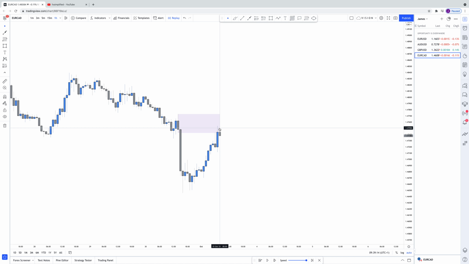Is price still in lower time frame bullish order flow, or are we getting some sort of reaction, manipulation, clears of liquidity, a mitigation, as we can see, and basically a reaction, so we can look for entries to take this short into lower prices to a new lower low.